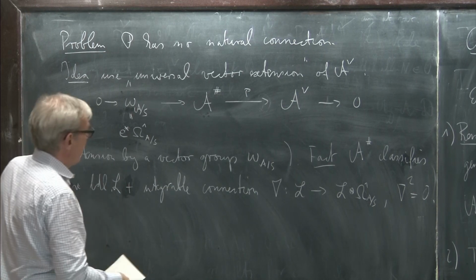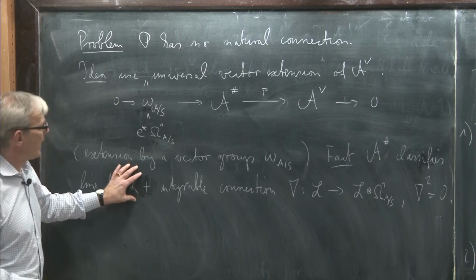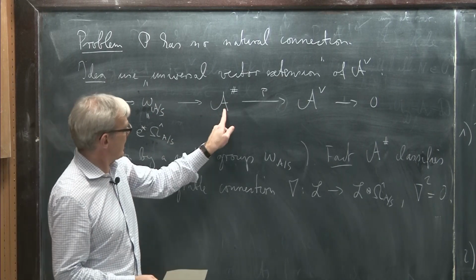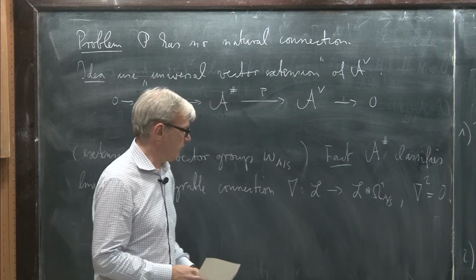Okay, but that means these classify pairs. So if we go to A times A sharp, we will have a universal bundle with a universal connection.